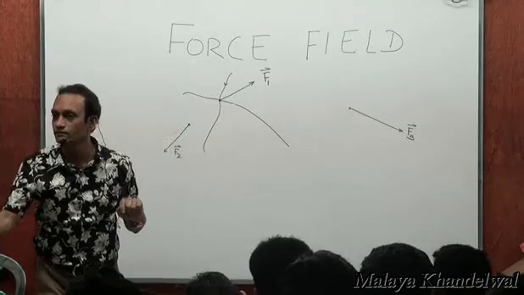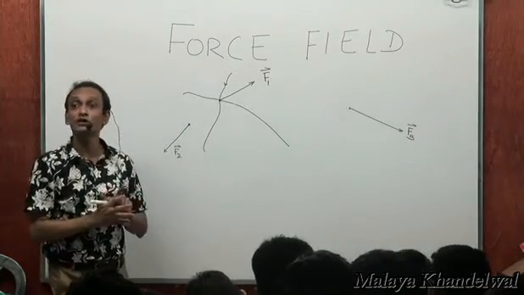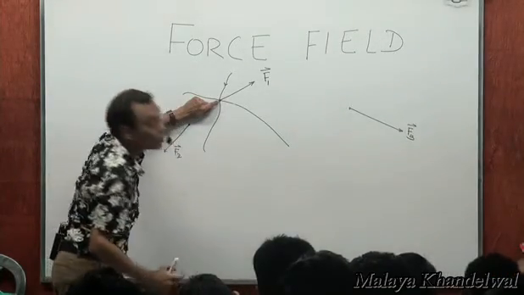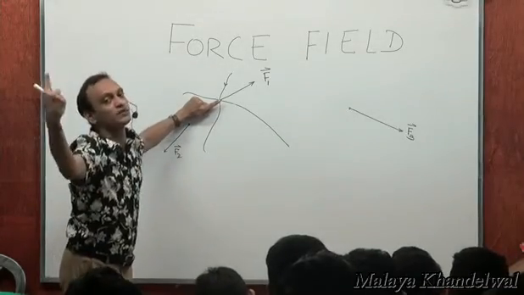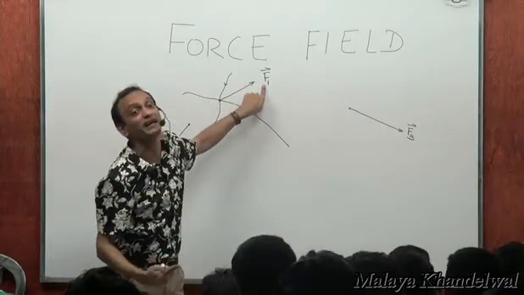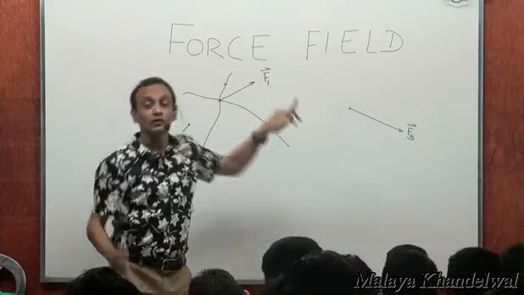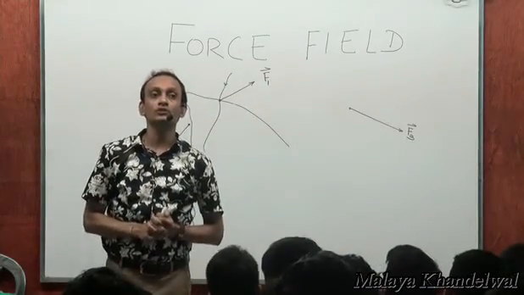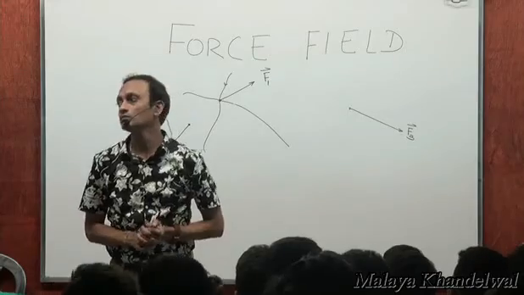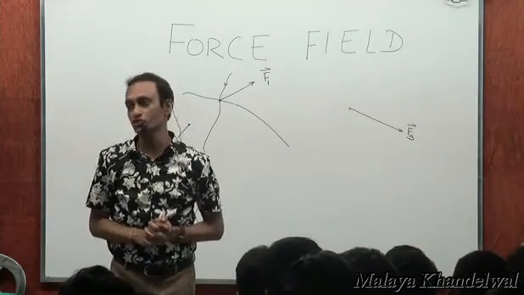It does not matter. All that is important is that on its passage through this point, or when placed at this point, the test particle will experience a force given by F1. We then seem to have complete knowledge of the vector force field for this region.